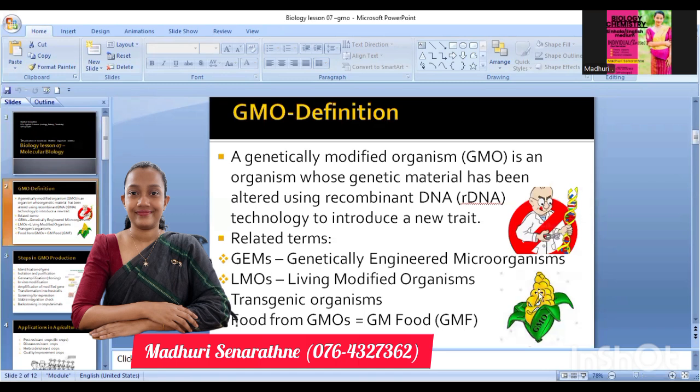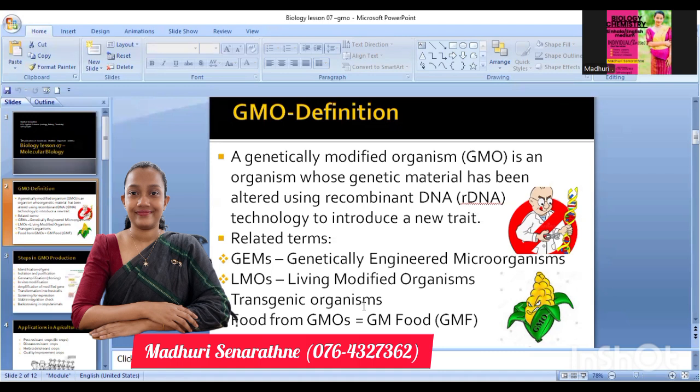A genetically modified organism is an organism, plant, animal, or microbe, whose genetic material has been changed using recombinant DNA technology, rDNA technology, to introduce a new useful trait.